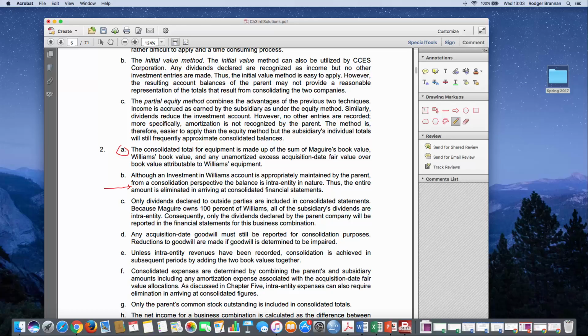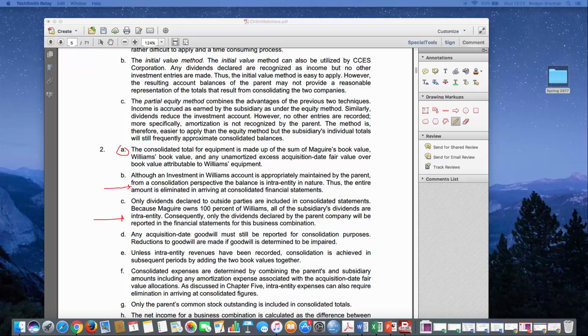Okay, dividends declared. Well, the only dividends declared that are reported on the consolidated financial statements would be the dividends of the parent. The dividends declared of the subsidiary are eliminated and they don't go forward to the consolidated financial statements.